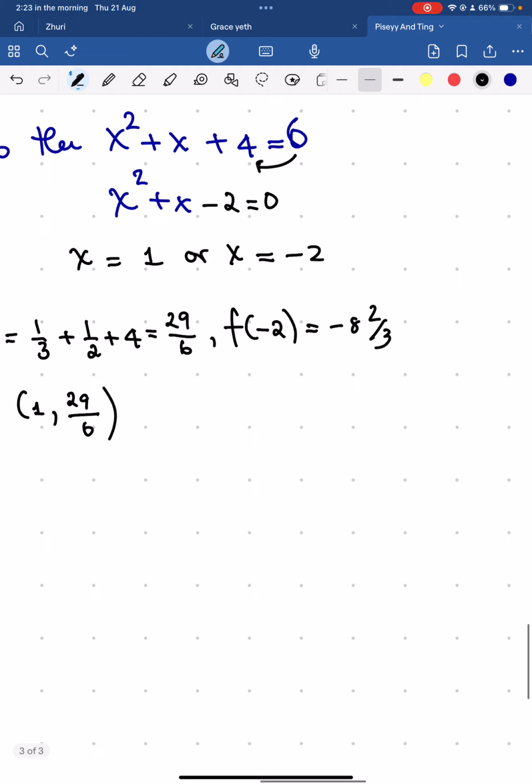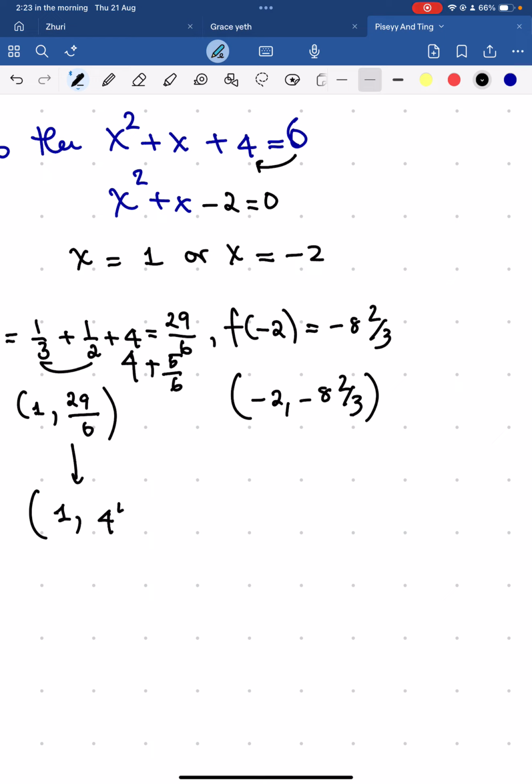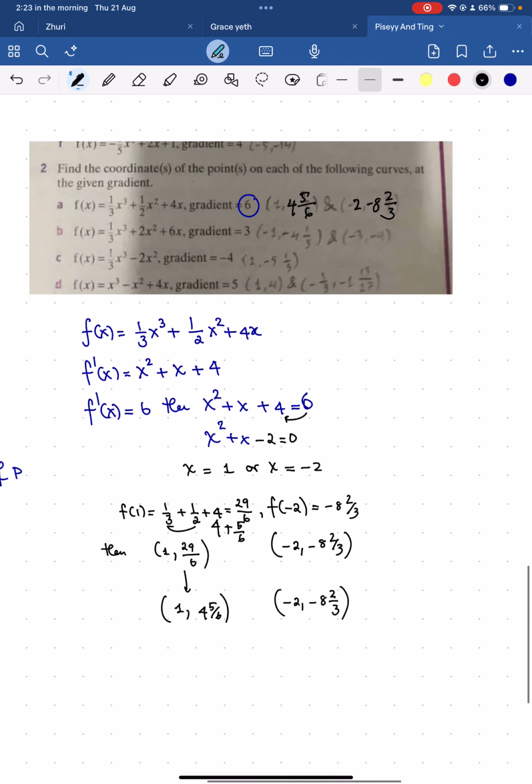So we got another point, (-2, negative 8, 2 over 3). The same thing as this: 4 plus this 5 over 6. That is why they can write it as 4, 5 over 6. Okay? (-2, negative 8, 2 over 3), same thing. So I think you understand.